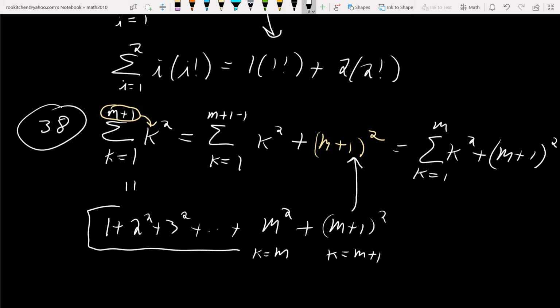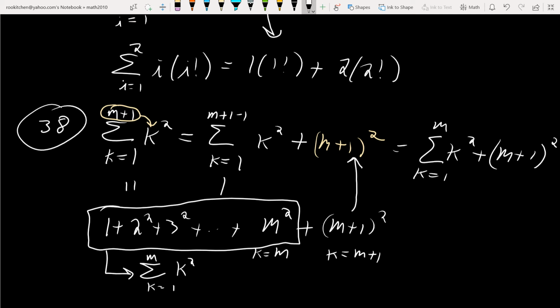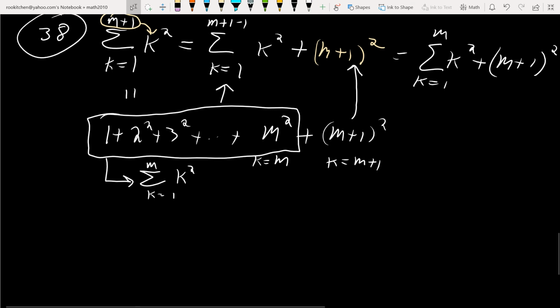And then all of this rigmarole is the sum from k equals 1 to m of k squared. Okay, so separating off final terms is important in certain applications.